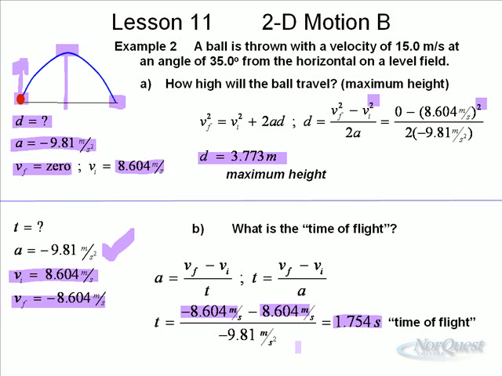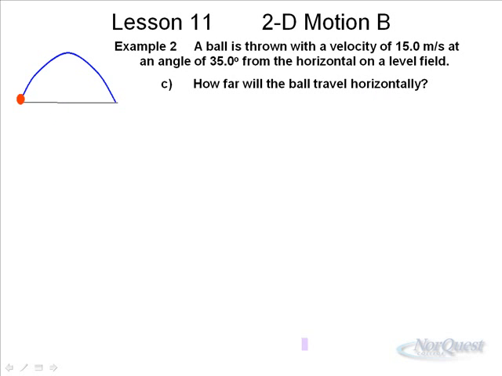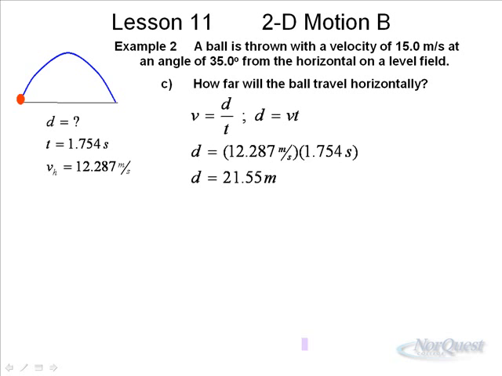So we've done the maximum height, we've done the time of flight, now we just need to find the horizontal displacement. So how far will the ball travel horizontally? As I said, d is equal to v times t, and therefore since the speed is 12.287 meters per second, we just calculated what the time was, 1.754 seconds.